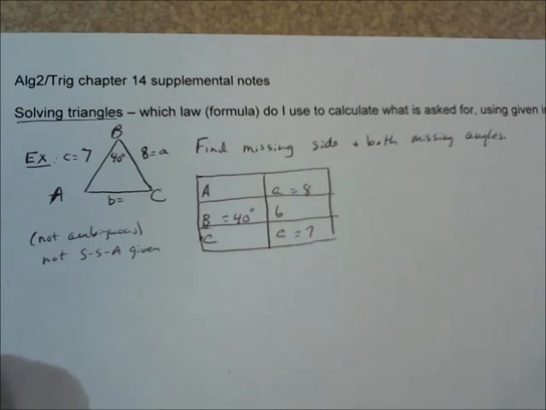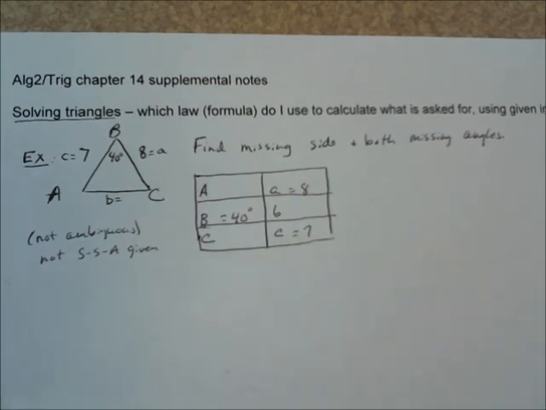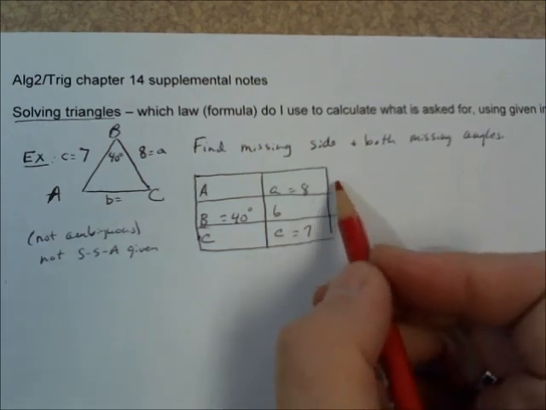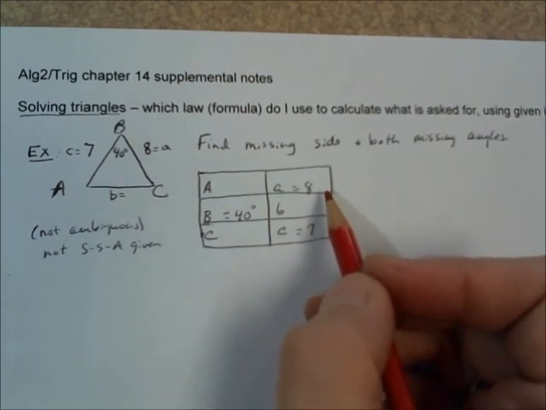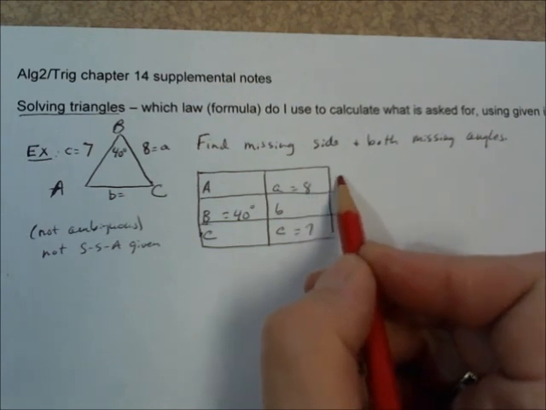Well, there's a little trick. And if you want to use this trick, you can. Some people like tricks to figure out what law or what formula to use. And here's the trick.